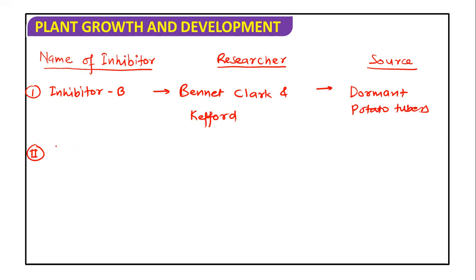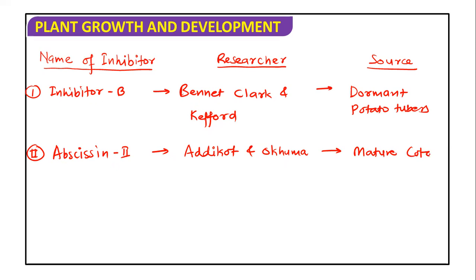The second inhibitor is abscisin 2. This abscisin 2 was discovered by Addicott and Okhuma, from the source of mature cotton fruits.